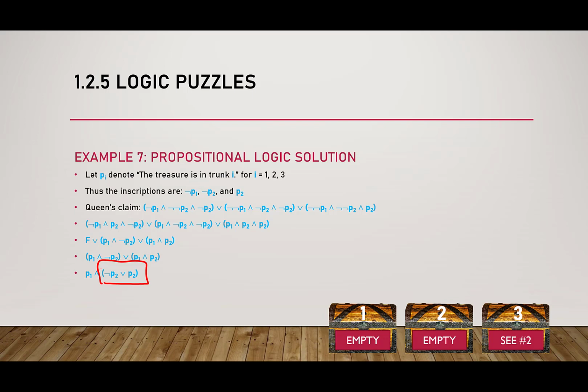So no matter how you slice it, one of those will be true. They can't both be true or both be false. It has to be one of each, which means this whole thing evaluates to true. So that leads us to this formula right here, which is P1 and true.